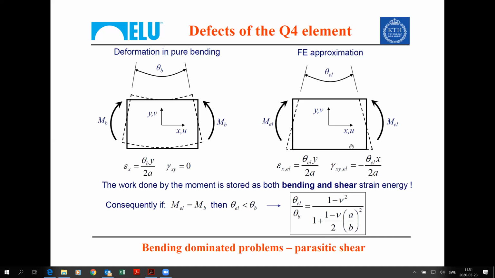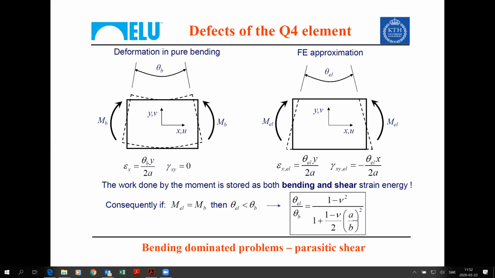This parasitic shear, we call it parasitic because it shouldn't be there. This should be 0. It's not. So it's a parasitic term. This parasitic shear will make the rotation for the element smaller than the actual rotation.